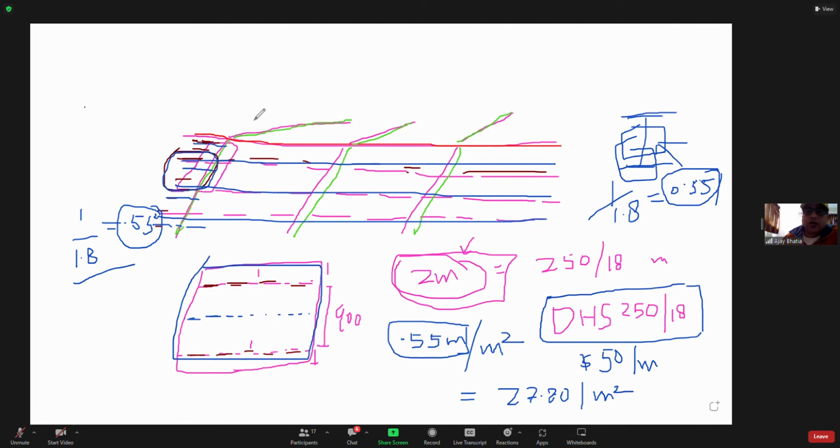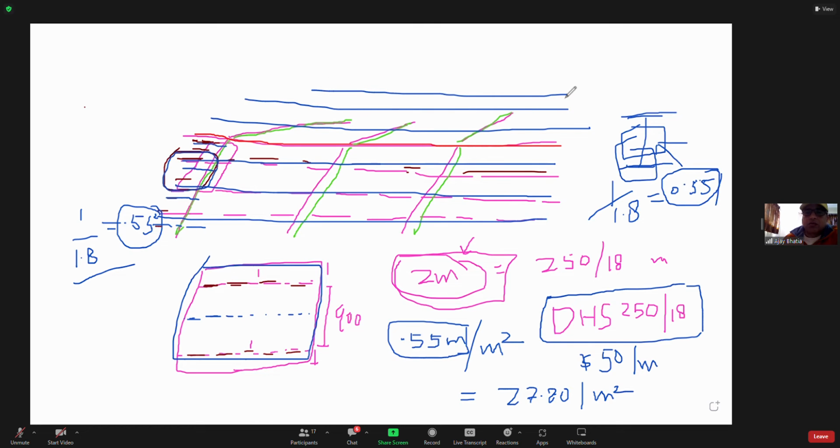Say you have maybe 3 rows of purlins on both sides, and they are 10 meters long, divided by the whole area of the roof, and then you'll get the exact length of the purlin per square meter. Then you can calculate that way.